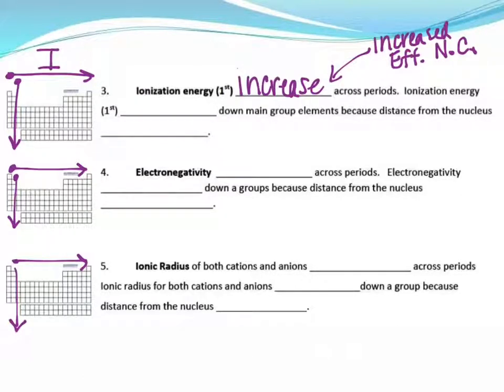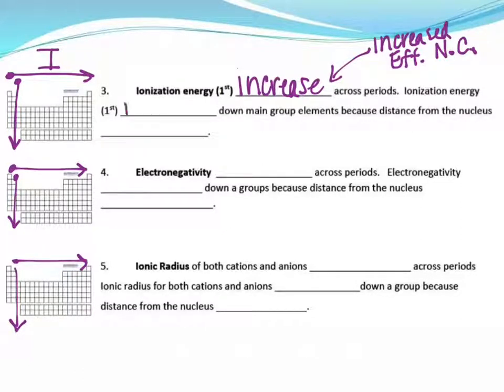Now, as I go down a group, from lithium to Fat Frank, which is going to be easier to remove an electron from, lithium or Fat Frank? Who's going to be easier to steal an electron from? Probably Fat Frank.